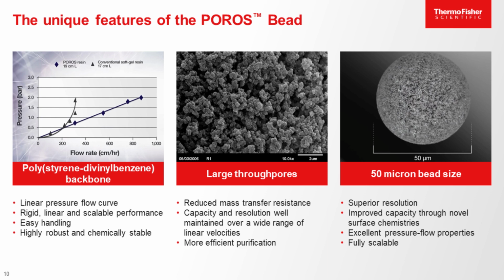For example, operation at 800 centimeters per hour in a 20 centimeter length column will result in a 2-bar pressure drop across the column. This is a small change in comparison to a classic soft gel resin that shows a typical exponential increase in back pressure as linear velocity increases.